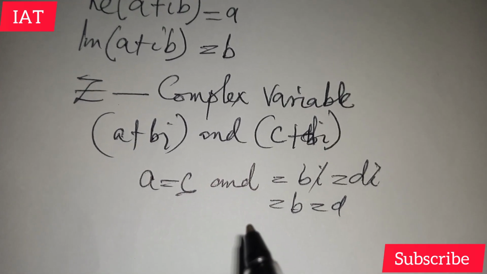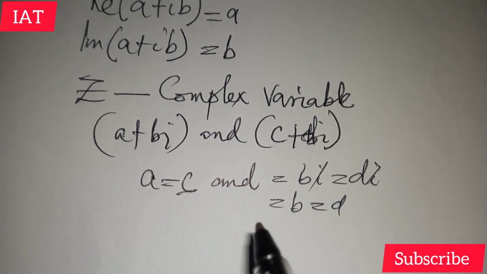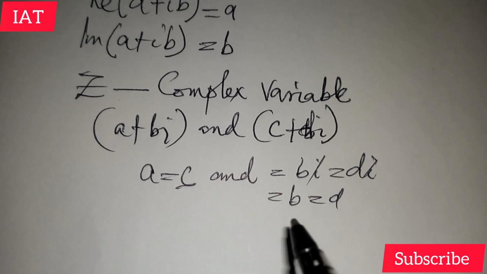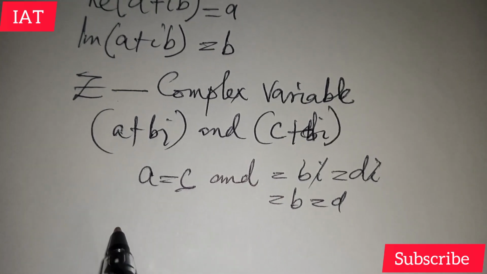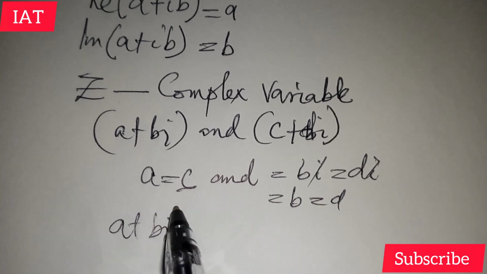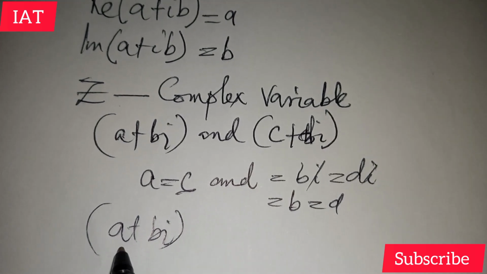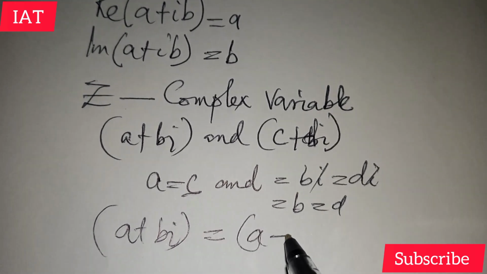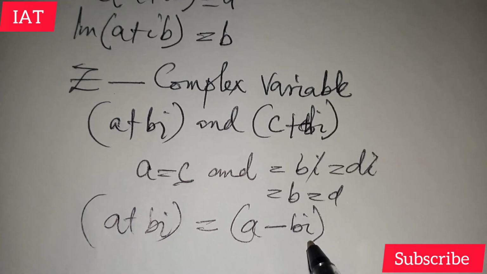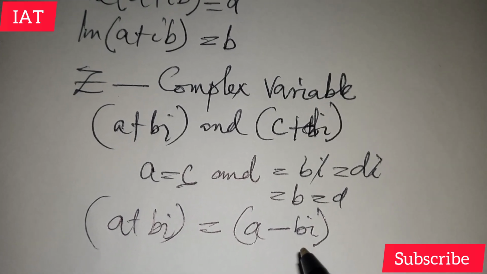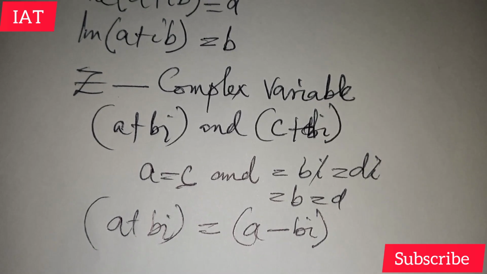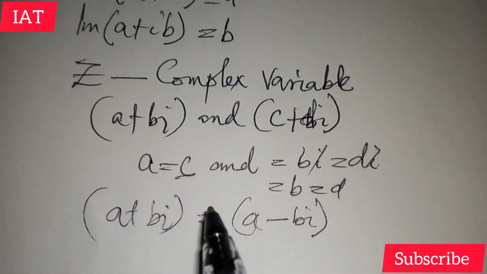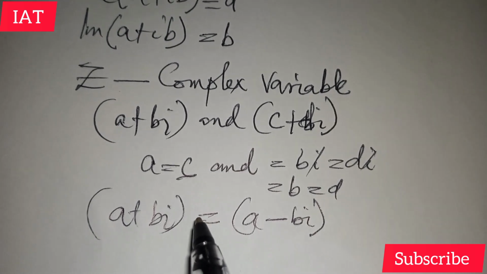Another part I want to stress is what we call the complex conjugate, or we just call it the conjugate of a complex number. If I have a plus bi, the conjugate of this a plus bi is simply a minus bi. What exactly is this talking about? It means that complex conjugate numbers are identical except for the signs in the middle of the bracket.